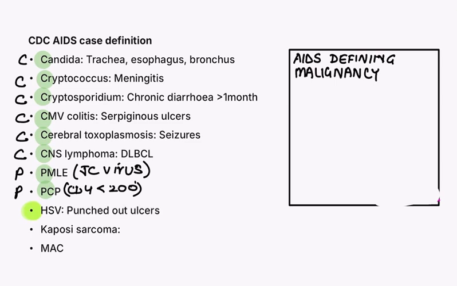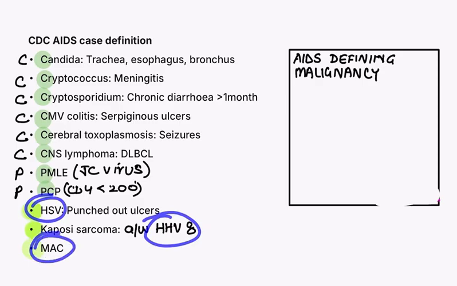What kind of ulcers does that cause? Classical punched out ulcers. Thereafter, Kaposi sarcoma, which is associated with human herpes virus 8, and lastly we have MAC, that is Mycobacterium avium complex. So these are all the infections, all the C's, all the P's, and then you have 3 more to learn: HSV, HHV8, Kaposi sarcoma and MAC.